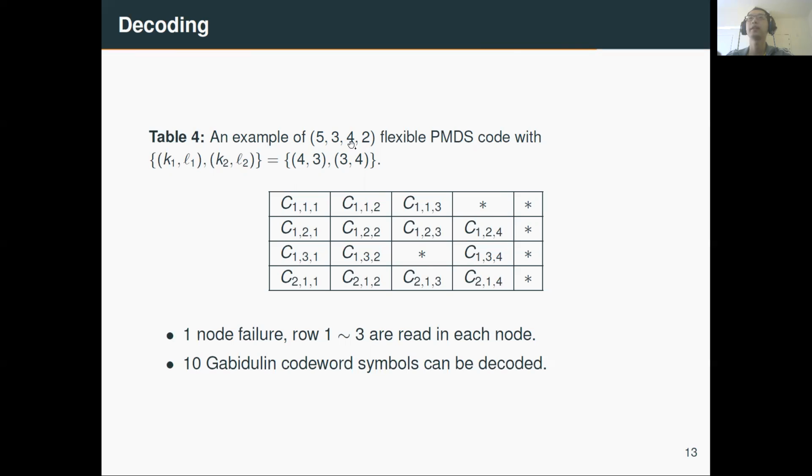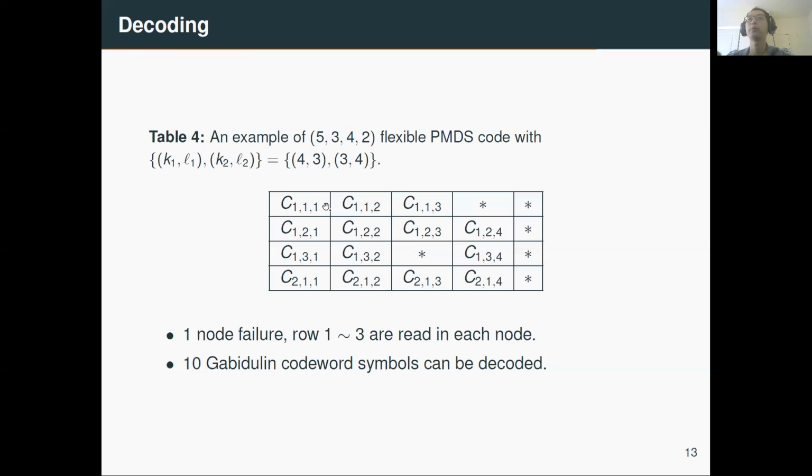This is an example with the same parameters as the previous examples. In this case, we have 1 node failure and 2 additional symbol failures. As I've explained before, in this case, we can access 4 available nodes, and each node will need to access 3 symbols. That is row 1, row 2, and row 3.